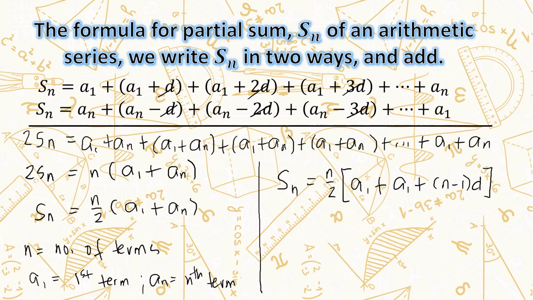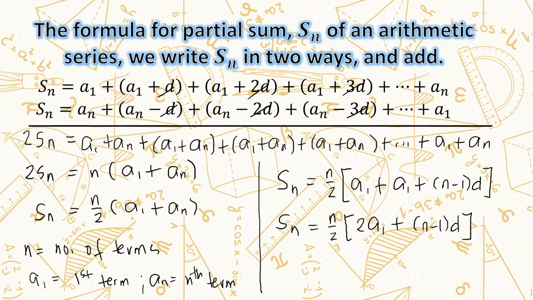Simplifying the equation, we have S sub n is equal to n over 2 times the quantity 2A sub 1 plus n minus 1 times d.